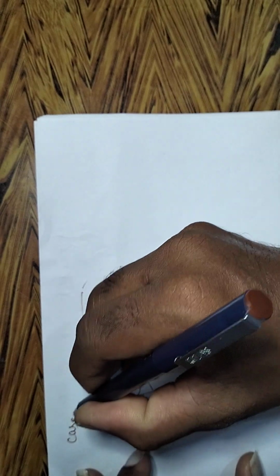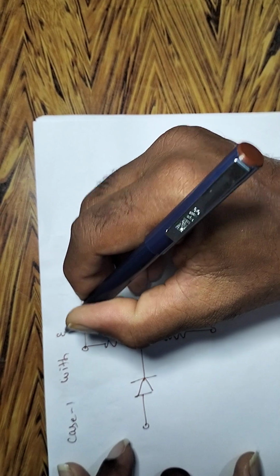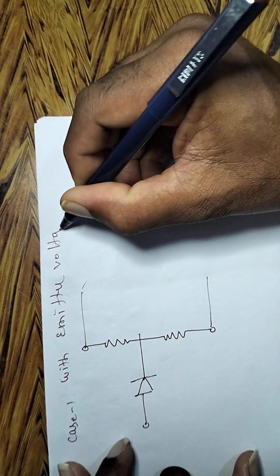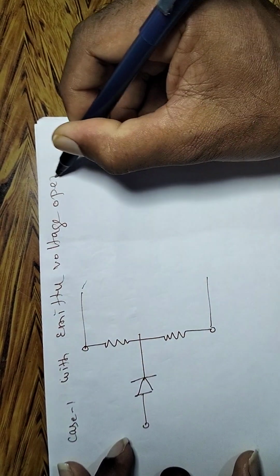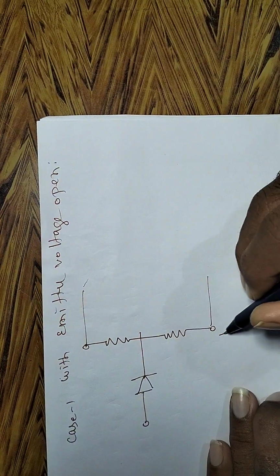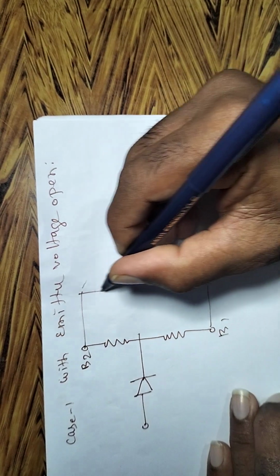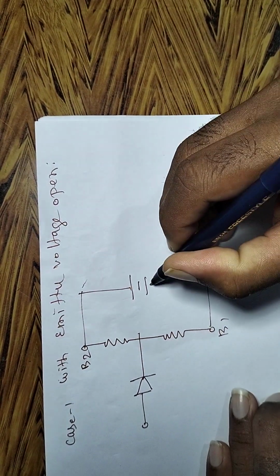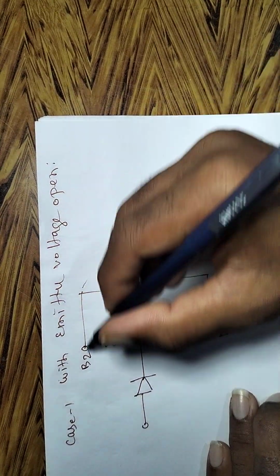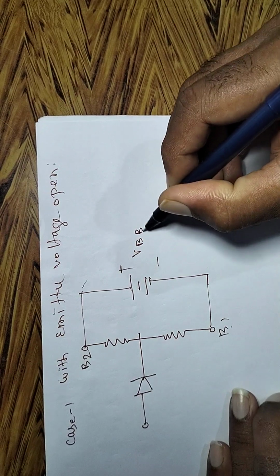Case 1: with the emitter voltage open, what will happen? Between base 1 and base 2 you apply voltage: the negative terminal is connected to base 1 and the positive terminal is connected to base 2. This is the total VBB.